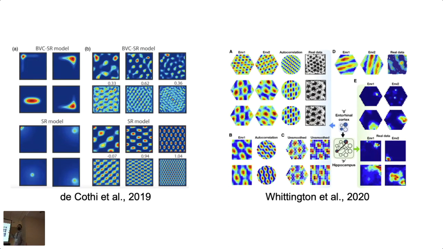This is another model that Patrick was referring to from the Behrens group. And this is the Tolman-Eichenbaum machine model that can produce a lot of these grid cell or place cell type dynamics that we see in the hippocampus. And they explain some of the memory functions of the hippocampus as well.